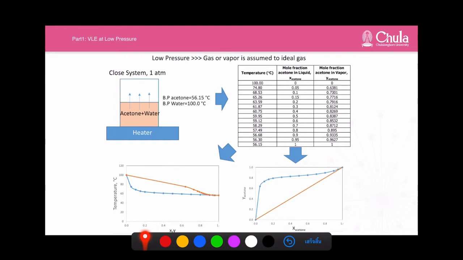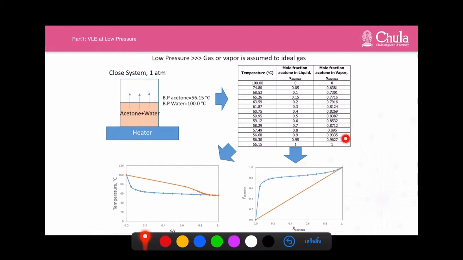Because we have a higher fraction of the light component, which is acetone. At the final point of this table, we have mole fraction of acetone in liquid phase at 1, right? That means we have pure acetone. And the boiling point is the boiling point of acetone at 1 atm.